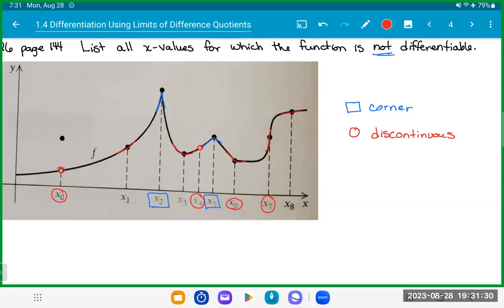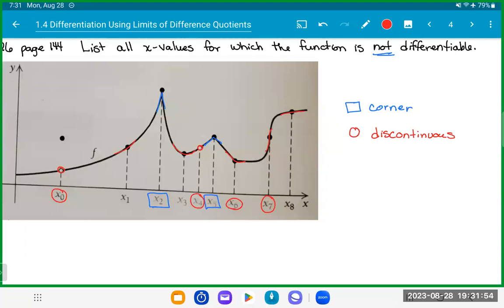And then this one is continuous as it is a smooth transition, okay? So we really want to make sure that there's not an abrupt change in direction in the graph. Well, technically, I guess that would be good even for these corners, right? Because of your abrupt change in the direction of your graph.